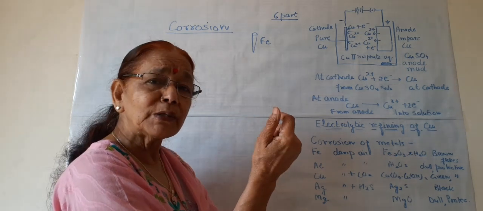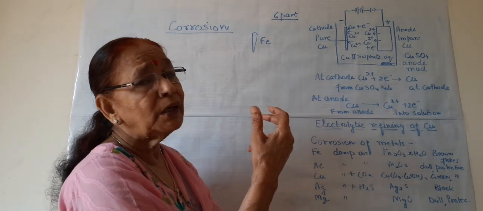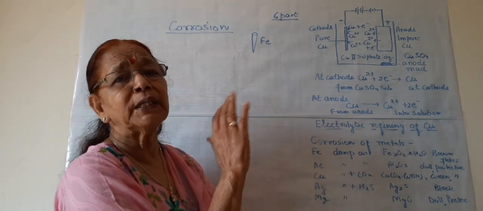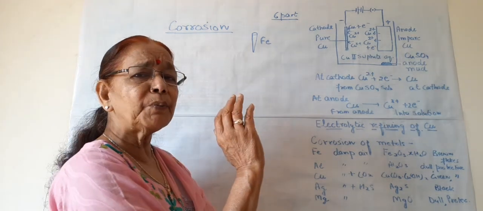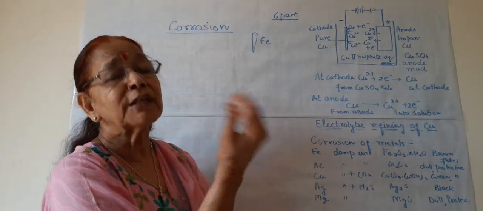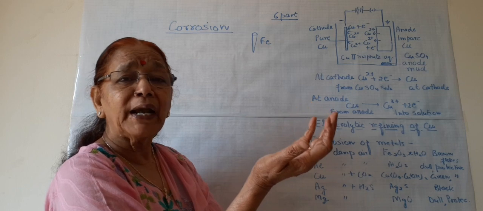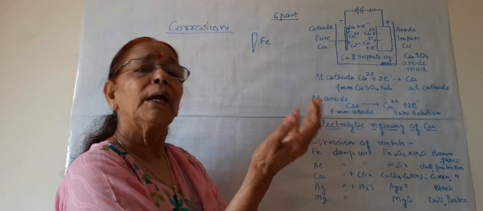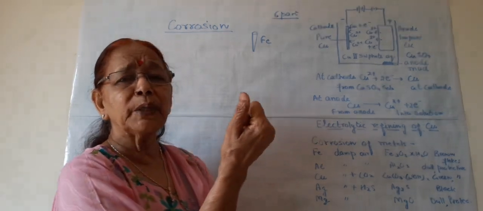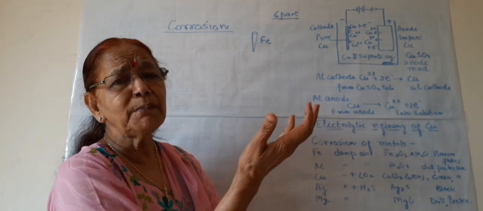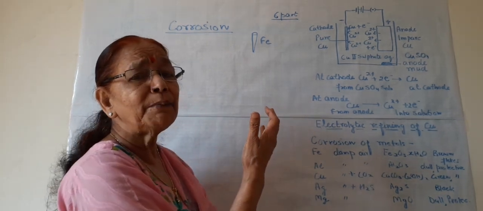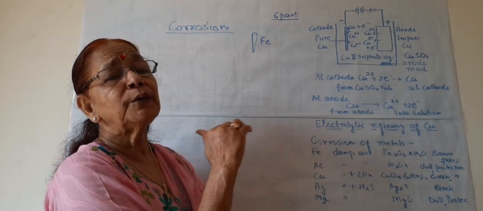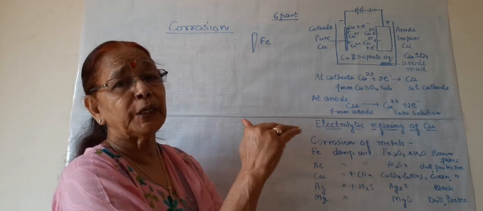Likewise in zinc also, ZnO is formed and no further deterioration of the metal takes place. Likewise in silver also, silver sulfide Ag2S is formed, and in copper, copper carbonate is formed. So in some metals, it helps the metal so that they do not further deteriorate.